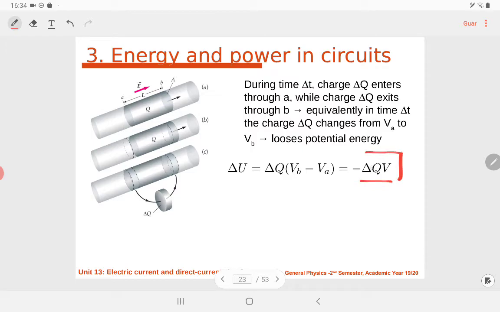This is the same equation we were looking at before. This is delta Q times V.